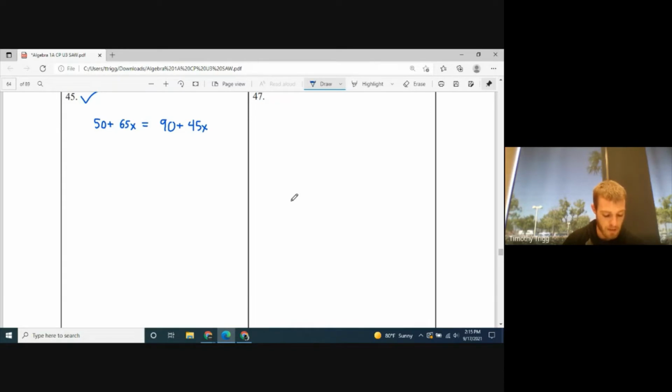47, business. A small juice company spends $1,200 per day on business expenses plus $1.10 per bottle of juice that they make. They charge $2.50 for each bottle of juice they produce. How many bottles of juice must the company sell in one day in order to equal its daily costs?